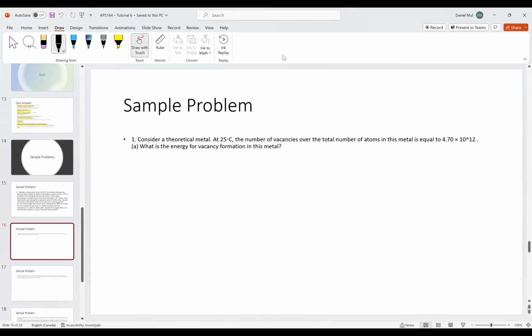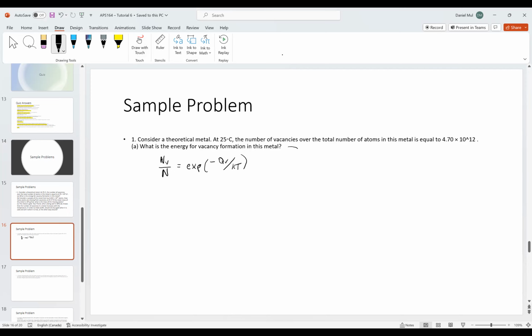We look back at that other slide where we have this ratio, this Arrhenius equation. So basically, what is the energy of vacancy formation?